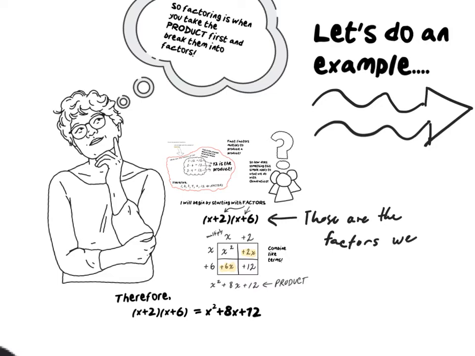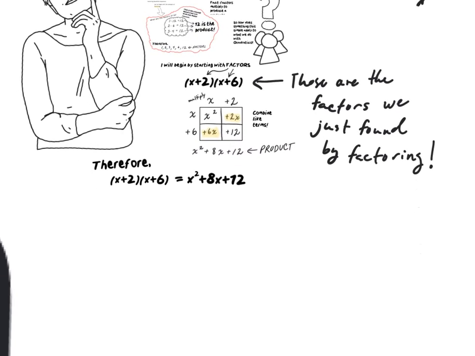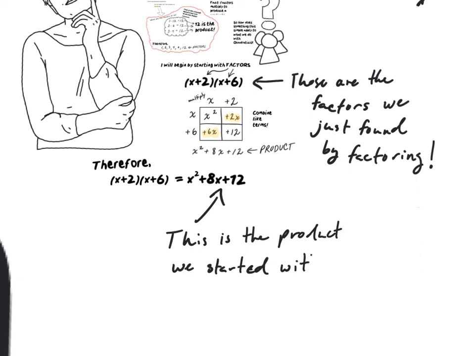We started with the factors first, and then we found the product after. When we multiplied x plus 2 times x plus 6, our product was x squared plus 8x plus 12. So in factoring, we start with the product and we find the factors.